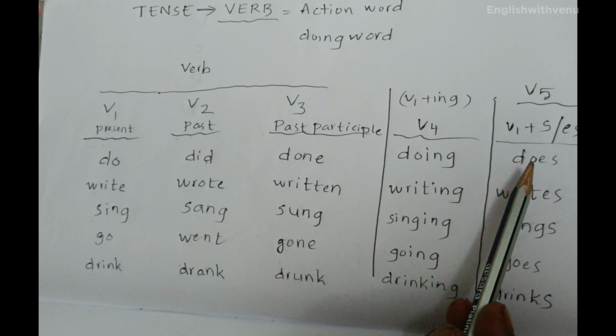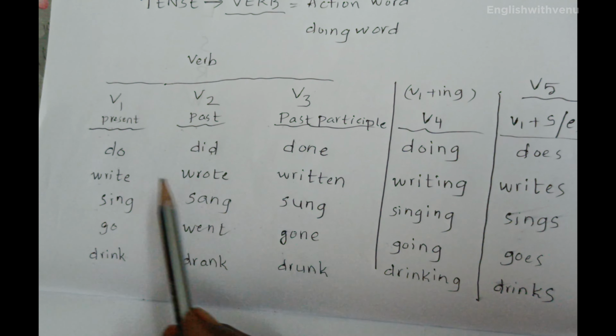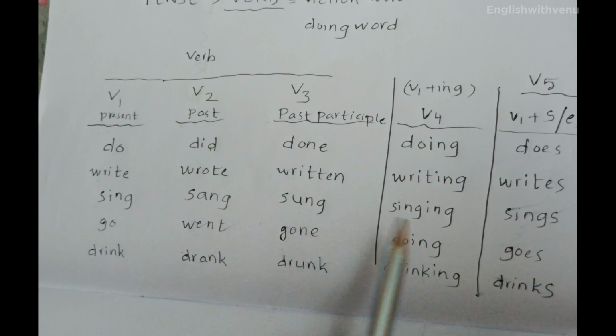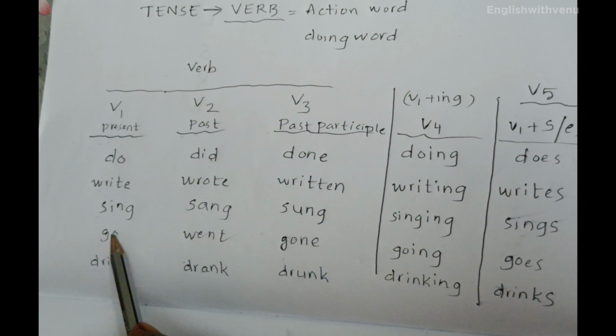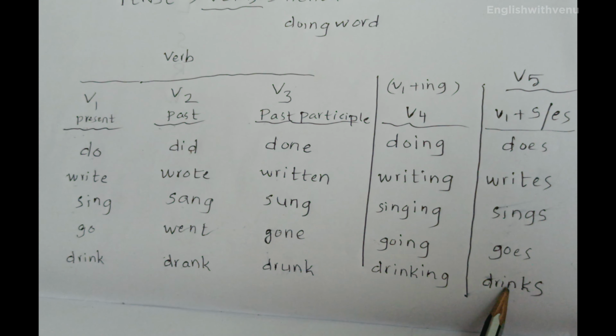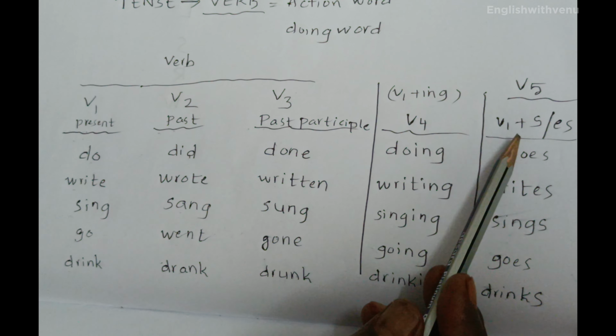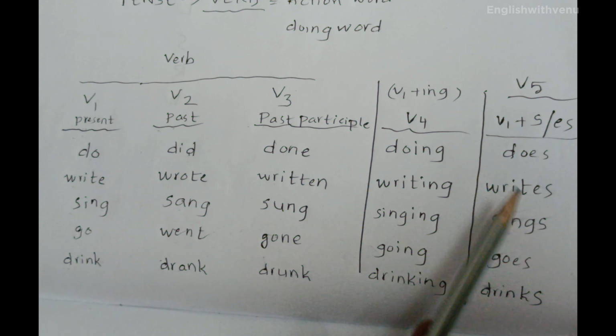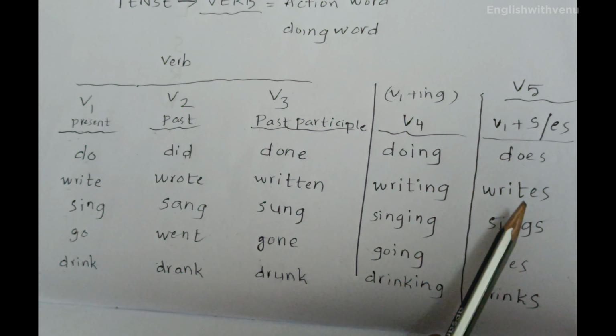For do, es is added, does. For write, s is added, writes. Sing, sings. Go, goes. Drink, drinks. And for the first form, if we add s or es, where to add s, where to add es?